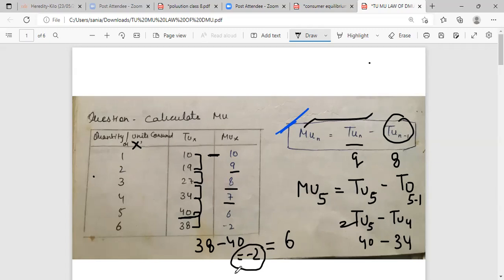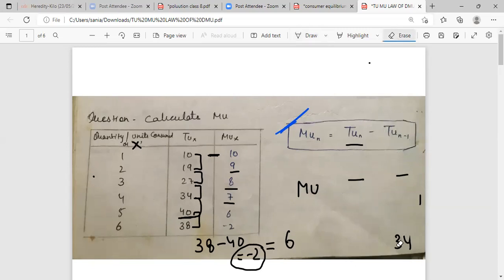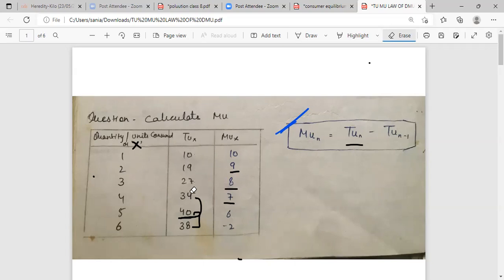Yes, ma'am. Yes, teacher. But ma'am, can you use this table and solve a question of total utility with that formula? Okay, yes, you can. Just a minute. So let's just take, for example, this is missing. Okay, you have to find this.